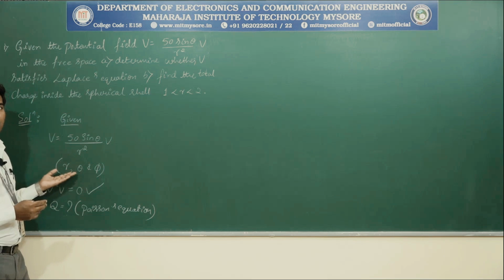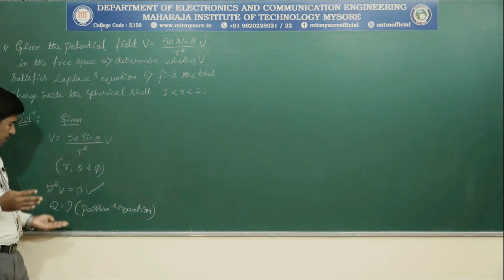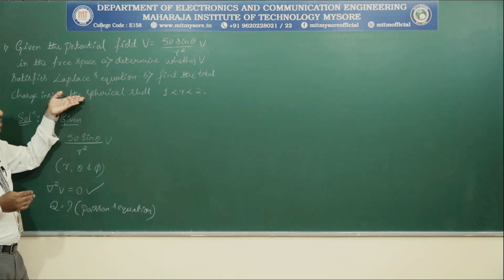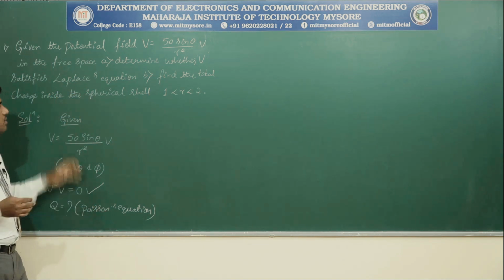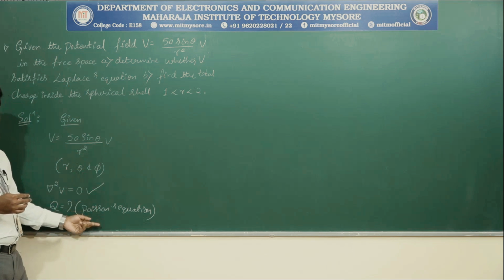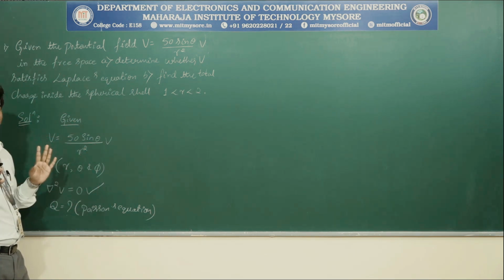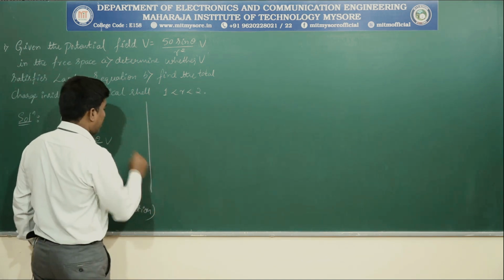Laplace space is nothing but the place or space where the charges are absent but electric field is present, right? So in order to calculate the total charge present inside this spherical shell, we need to go for Poisson's equation. That means in this particular problem statement, we have to evaluate both Poisson's equation as well as Laplace equation. Understood? So let us go for the solution of this problem.